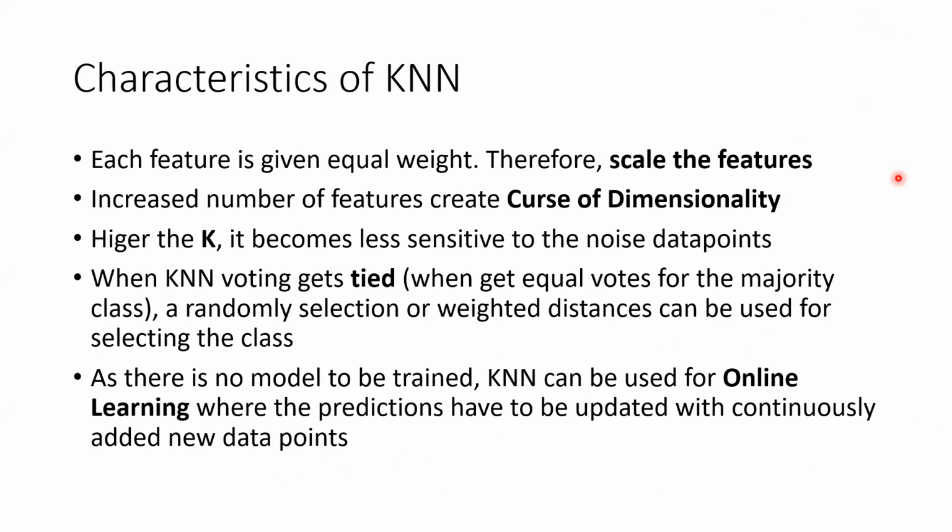So now let's see what the characteristics of k nearest neighbor are. The first thing is that in k nearest neighbors, we know that we can have multidimensional vectors as the data points, right? Because when we are taking the distance measures, we are treating all the dimensions the same, treating all the features the same, right?